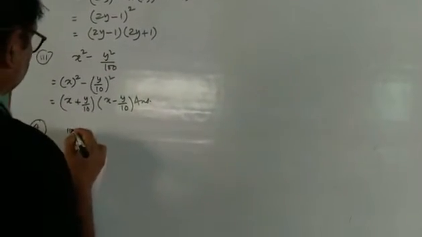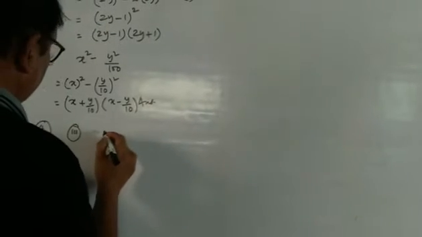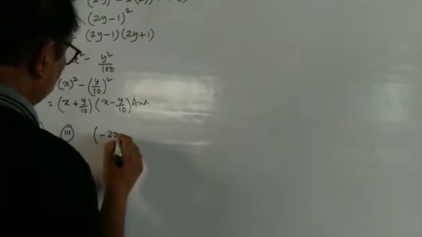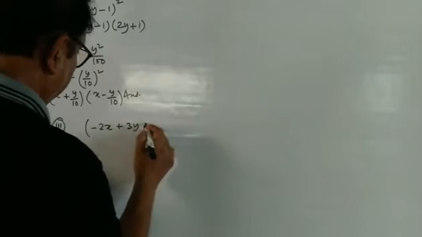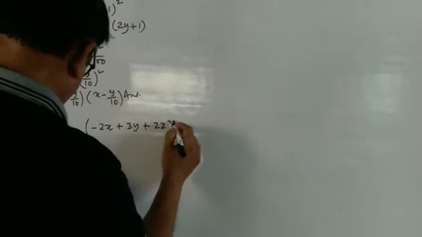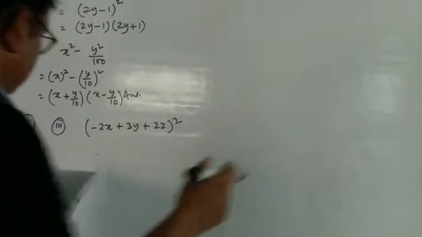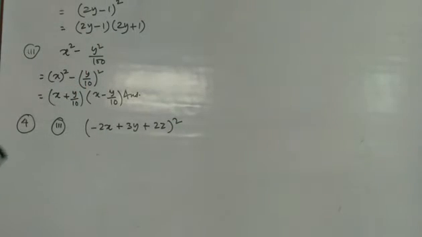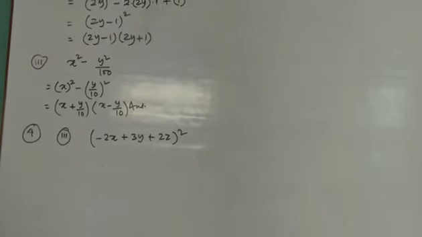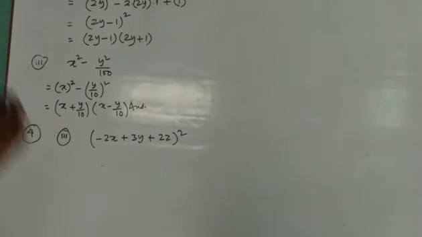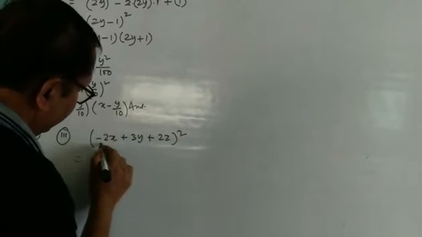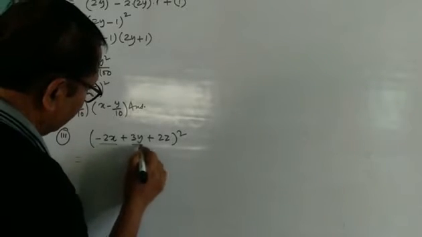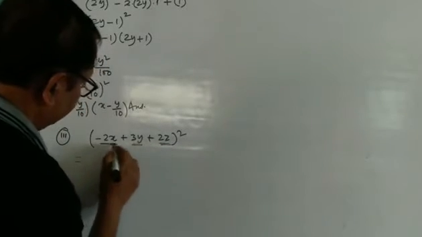Third of question number 4: (-2x + 3y + 2z) whole square. The question is, expand each of the following using a suitable identity. This is your a, this one is b, and this one is c.